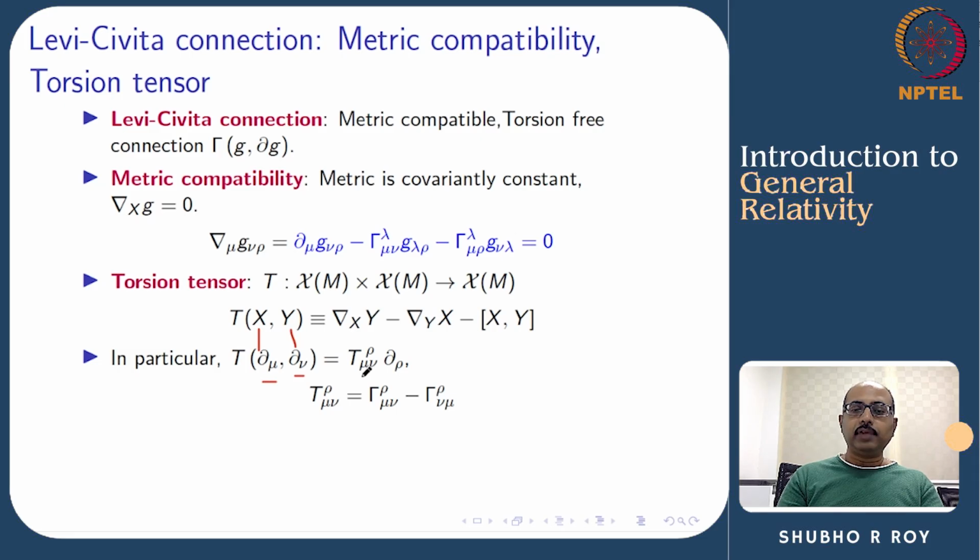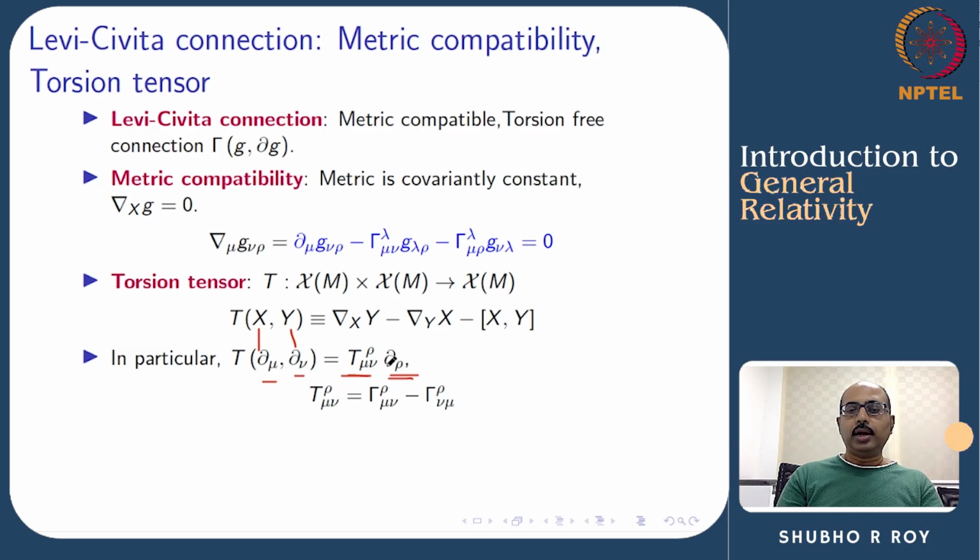This will define the components. Remember, T takes two vectors and spits out a vector, so it has a component and a basis element. This component is what we call T rho mu nu if I give you mu and nu in place of x and y.